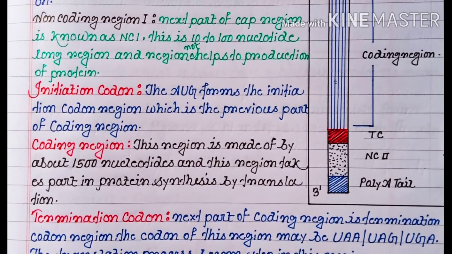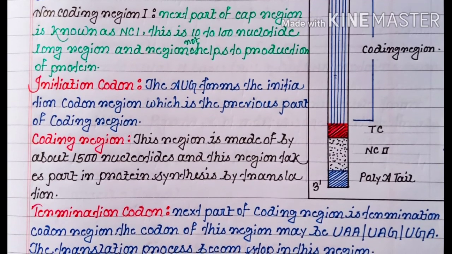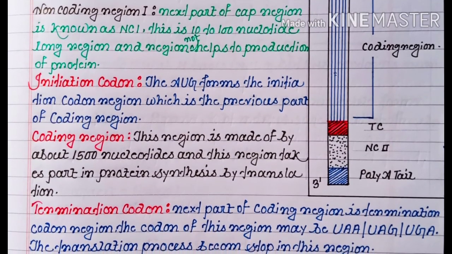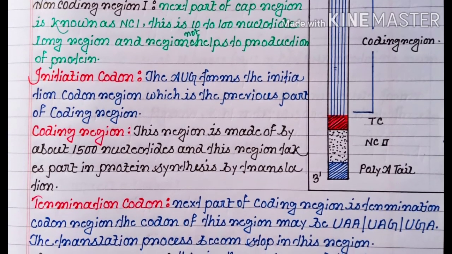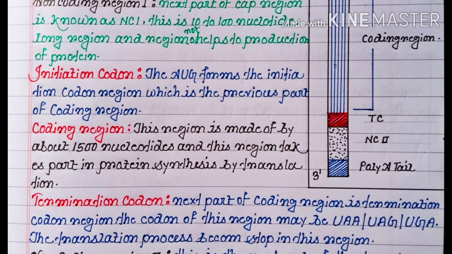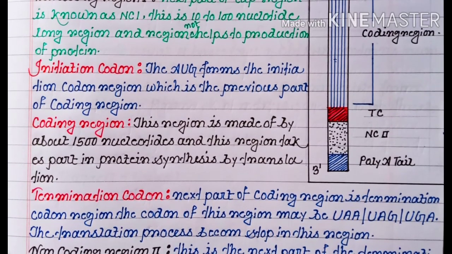Next, the termination codon. The next part of the coding region is the termination codon region. The codon of this region may be UAA or UAG or UGA.